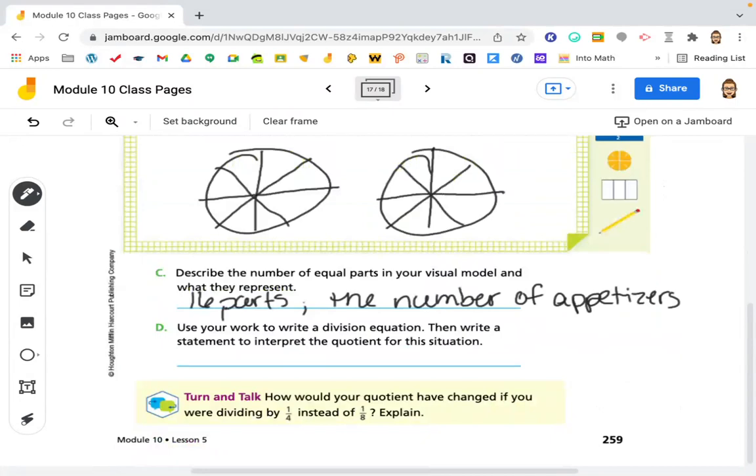It says use your work to write a division equation, then write the statement to interpret the quotient for the situation. So we are going to have 2 divided by 1/8 equals 16. So Lynn makes 16 appetizers.